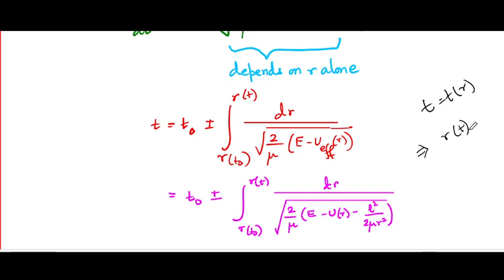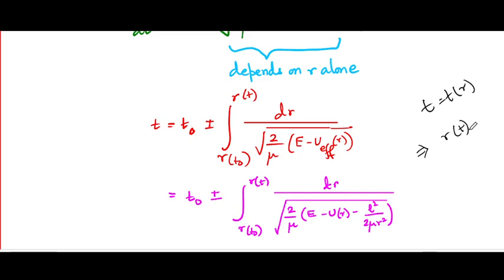If you can't, there are always approximation techniques to fall back upon, or if all else fails, you can always plug in the integral in a computer and evaluate it numerically. But at least the job of solving r of t has been completed in principle. Of course, the specific form of r of t will depend on the potential U of r as well as the conserved quantity L, and we will see applications of this formula later on.